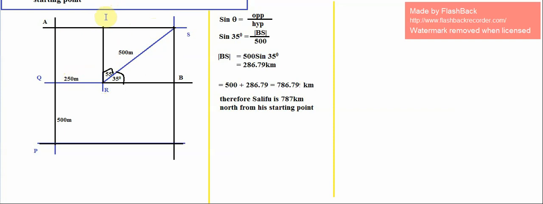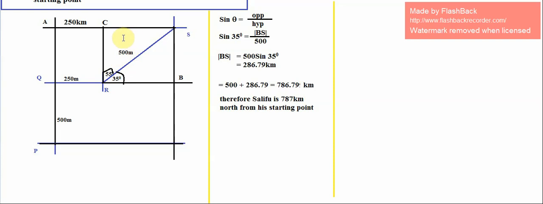So let me call this place C. Remember, for points, you must always use capital letters. I can project the 250 kilometers here. Kilometers is the same thing because this is a rectangle, 90, 90, 90, it's a rectangle.